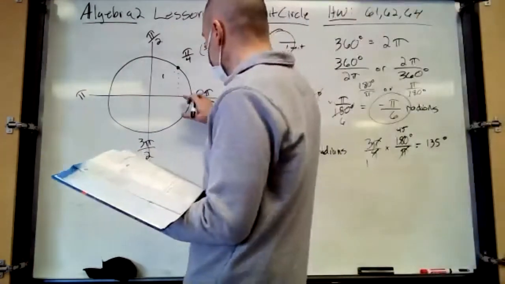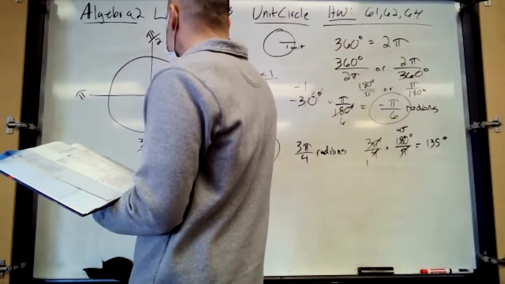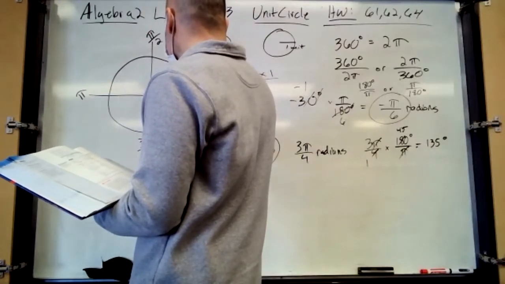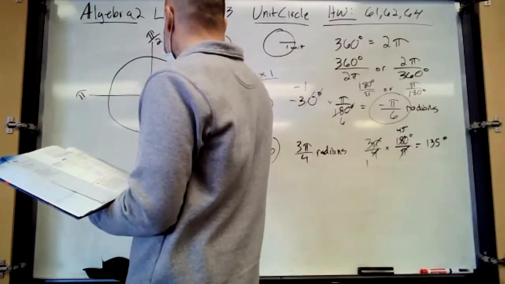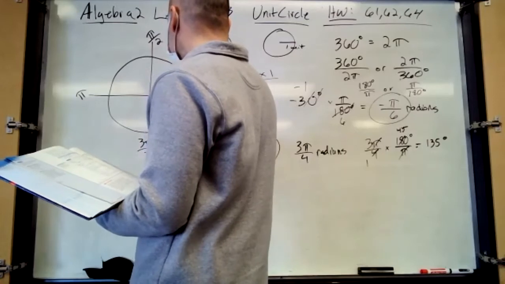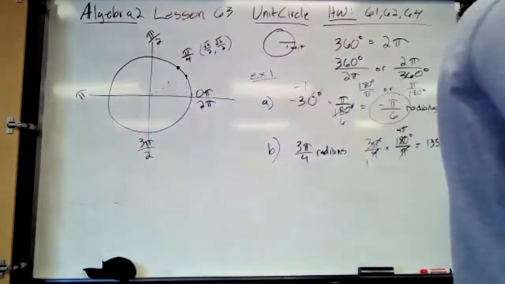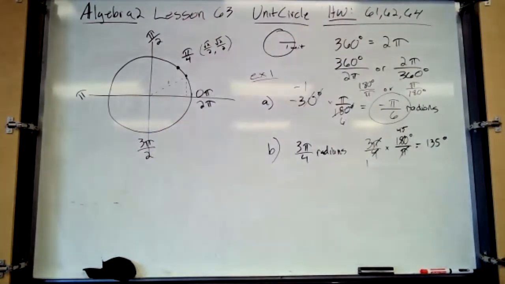All right, let's do this one. What would 30 degrees be in radians? You remember you're just dividing by 180. So what's 30 divided by 180?